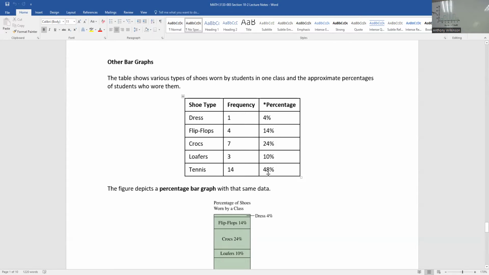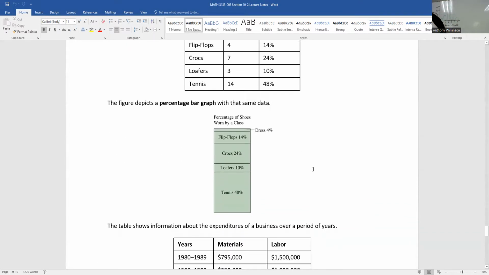Now here they rounded to the nearest percent, so in this case it might not add up to 100% exactly. But here's what the percentage bar graph looks like. Pretty much it's just bars that lie on top of each other, and it's pretty much at different heights.